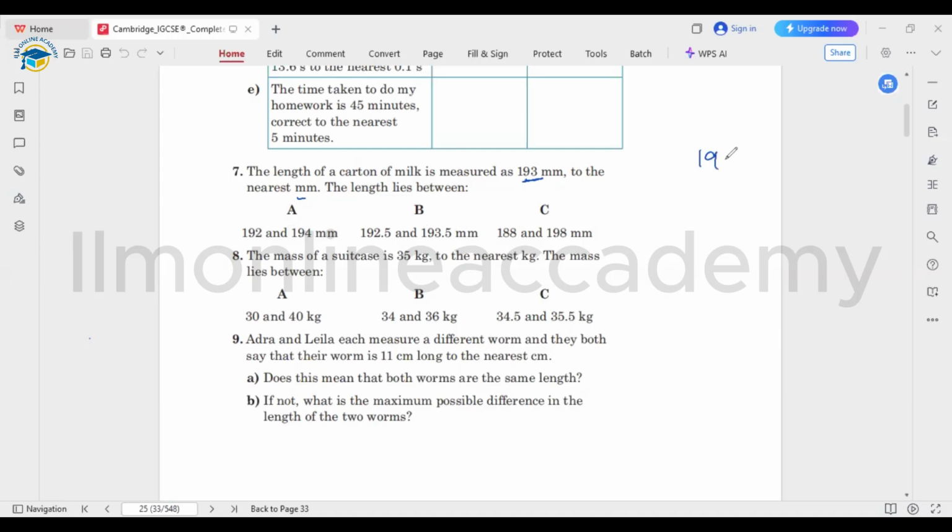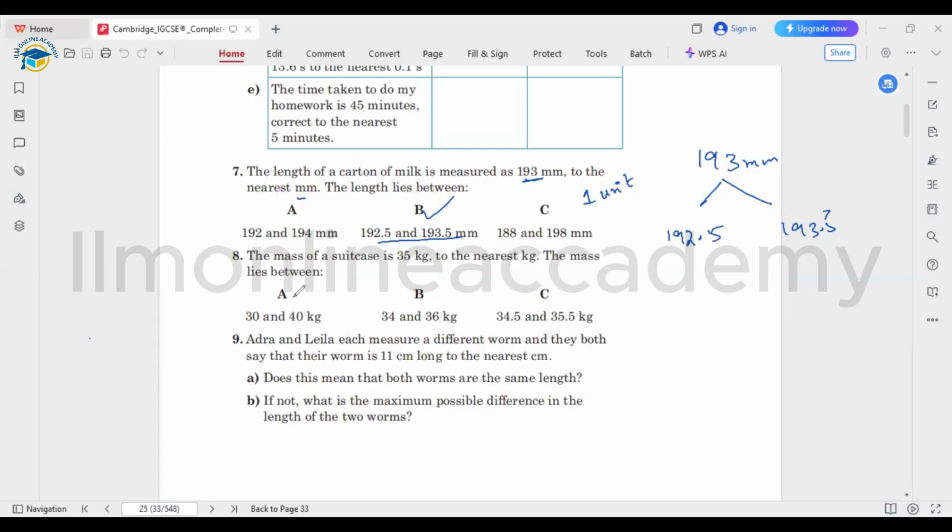As this is 193 millimeters, nearest to the 1 unit number, we need to add and subtract 0.5. So that will be 192.5 and 193.5. Accordingly, B is the correct answer, because this is a 1 unit number.